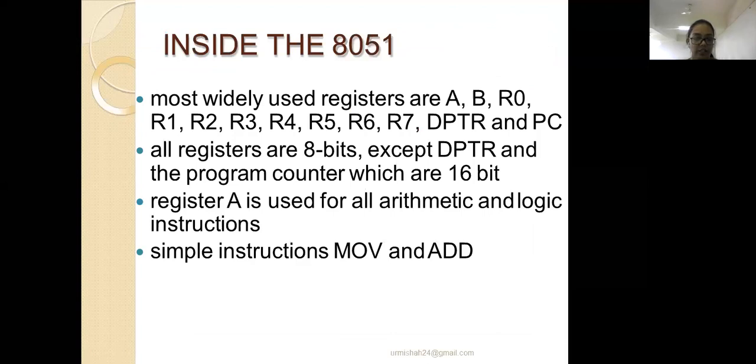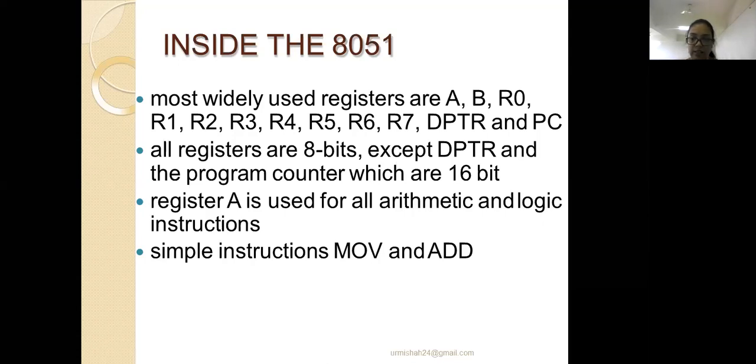till now, we understood that the most widely used or most general purpose registers are register A, register B, registers R0 to R7, that is R0, R1, R2, R3, R4, R5, R6 and R7.